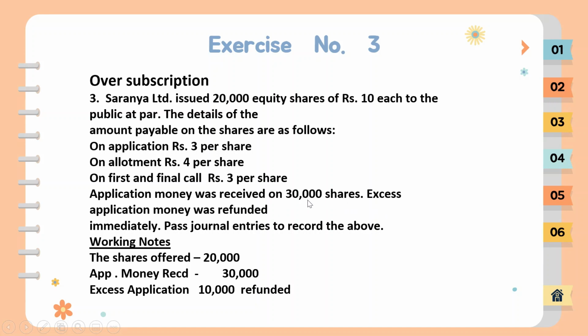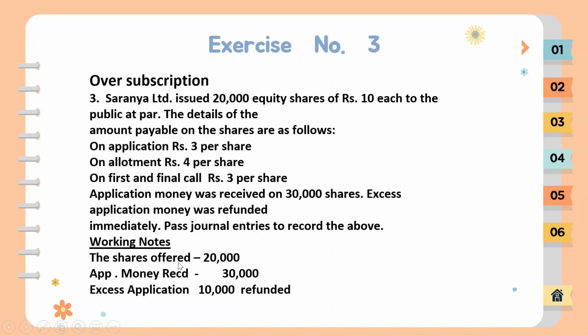So in the first entry, you have to put the calculation for 30,000 only, because they have received application money for 30,000 shares. And here the case is they are rejecting the excess applications and refunding the excess money immediately.